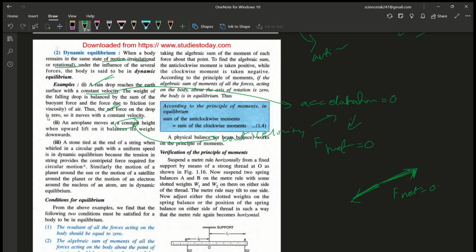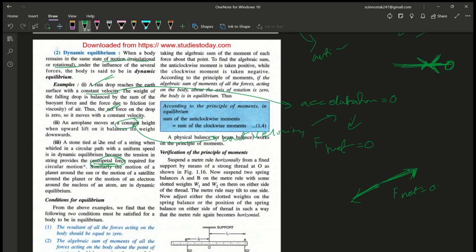A stone tied at the end of a string and whirled in a circular path with uniform speed is in dynamic equilibrium, because the tension is along the string and balances the centripetal force. What is centripetal force? A force that is going to be experienced towards the center of the circle, and tension is going to be outwards, right? This is going to be balanced.